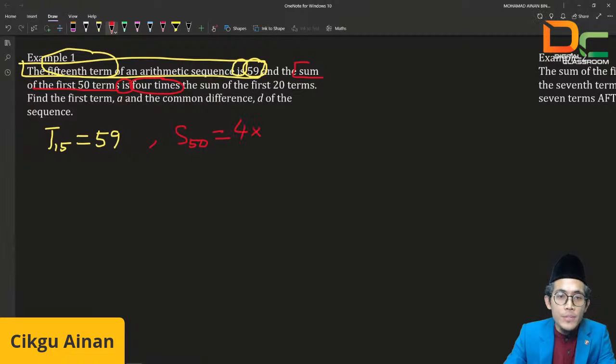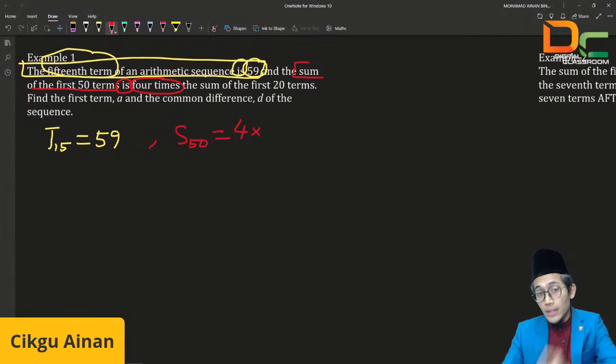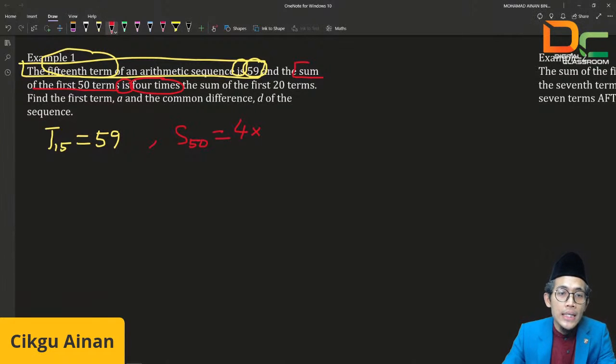So 4 times must be accompanied by something else, which is the sum of the first 20 terms. So we already changed the complicated English sentences into a simpler maths sentence. So from here we have to find the first term A and the common difference.